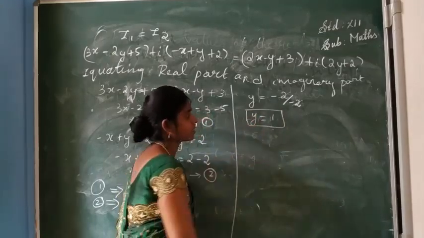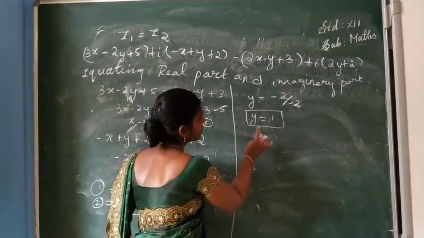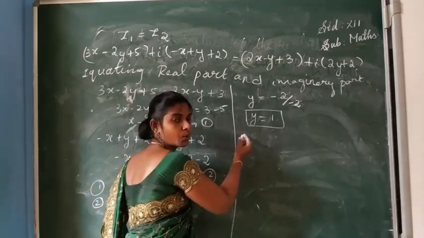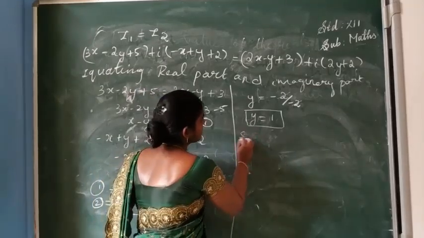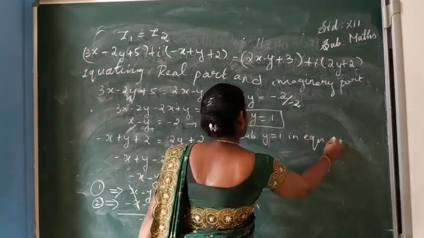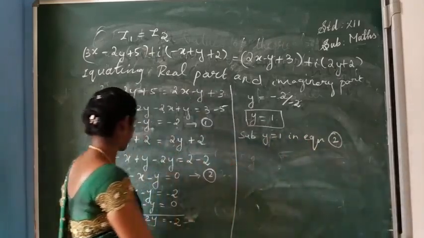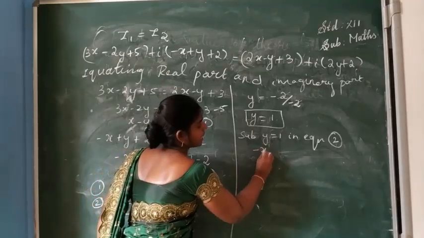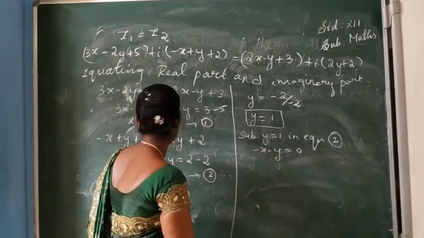We can substitute this y is equal to 1 in equation 1. In any equation you can substitute. So substitute y is equal to 1 in equation 2. So equation 2, minus x minus y is equal to 0.